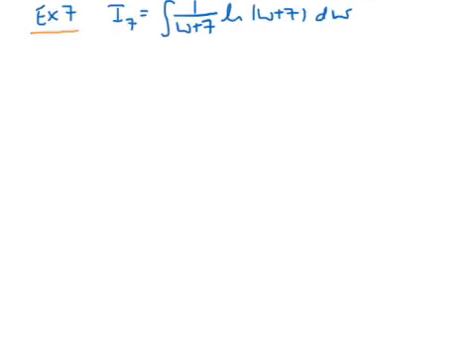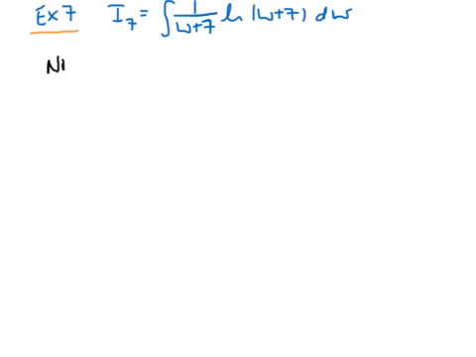So the seventh exercise is to integrate 1/(w plus 7) multiplied by the logarithm of the modulus of w plus 7. So what we think about, after we look at this for a moment, is that 1/(w plus 7) is the derivative of the logarithm of w plus 7.